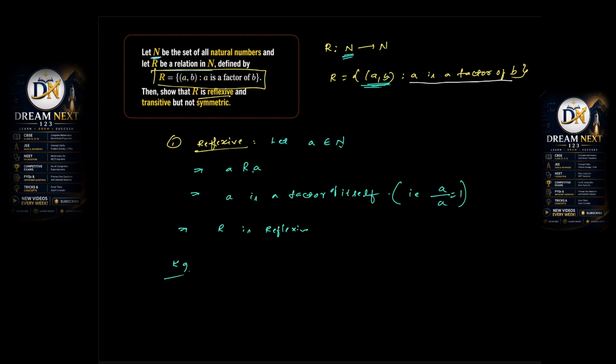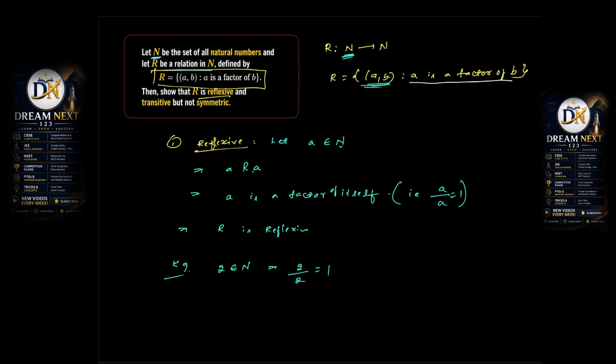We get 1. For example, consider any natural number. For example, 2 belongs to the natural numbers. If 2 is a factor of itself, that means 2 divides 2. Both 2s get cancelled. It divides completely and leaves remainder 0. Yes. 2 gets cancelled, we get 1.